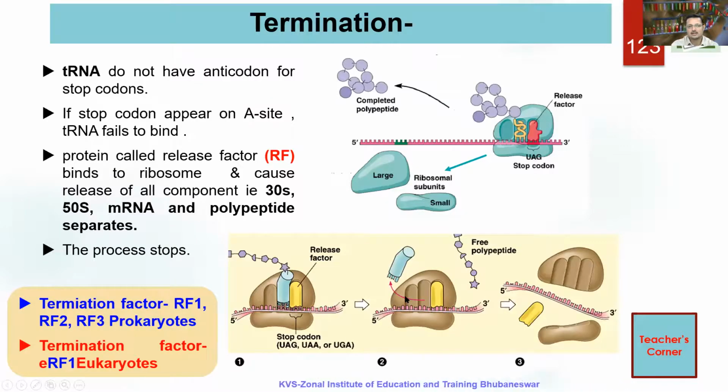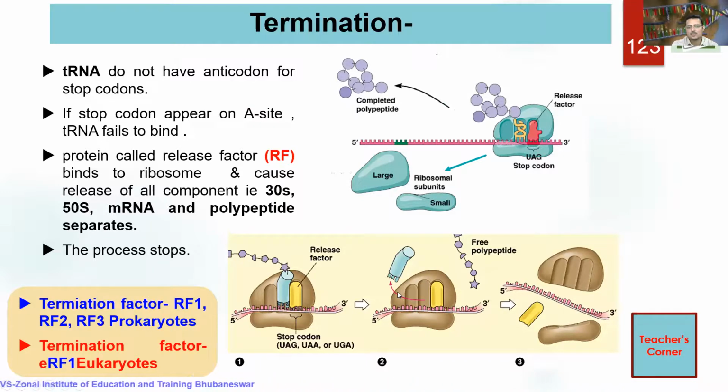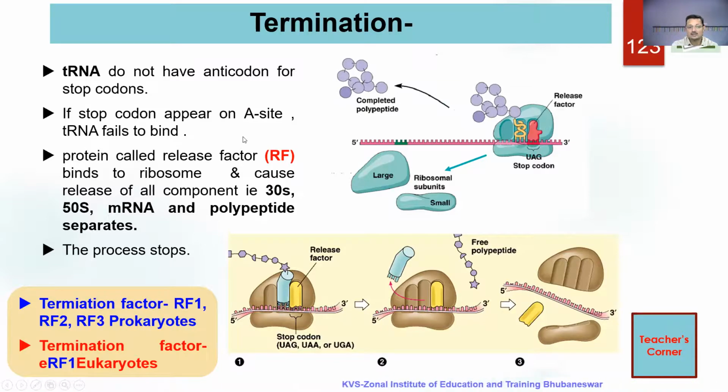Now the termination. tRNA do not have an anticodon for stop codons, right? We know that it's the anticodon that matches with the codon. So tRNA do not have an anticodon for stop codons. If a stop codon appears at the A site, the tRNA fails to bind because there is no anticodon.